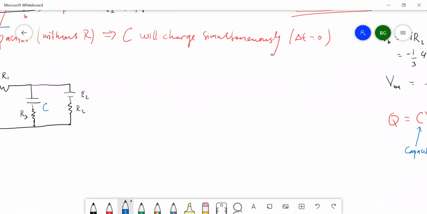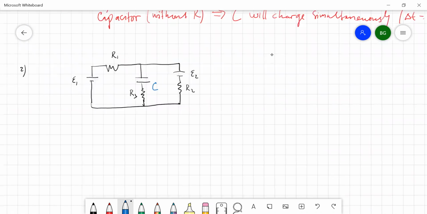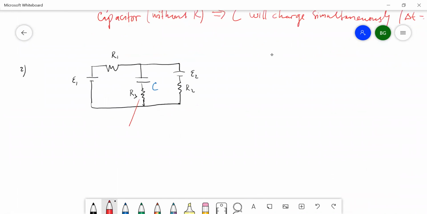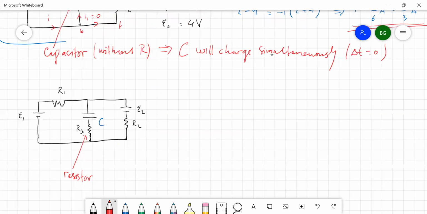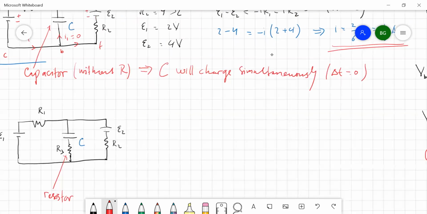Okay, then we go to the second example. There is a resistor here. What is the difference between the first and the second?